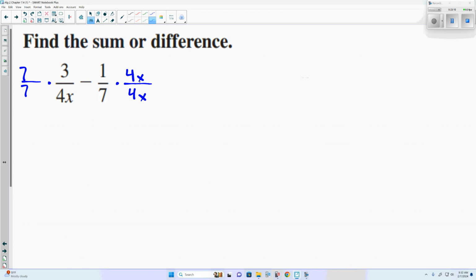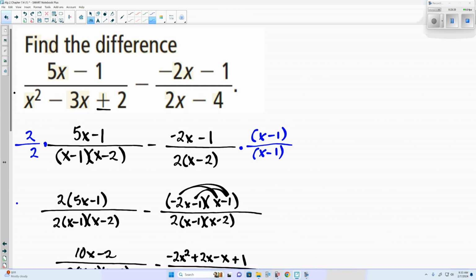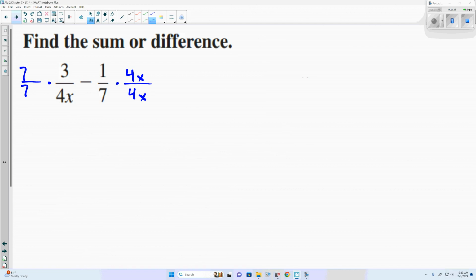7 and 4x, do they have anything in common? If we were to take a greatest common factor out, do they have one? No. And that's really kind of the heart of some of these. The previous one had a greatest common factor of x minus 2, so we're not multiplying by that pure denominator. Does that make sense? Because if we did, we'd add an extra factor of x minus 2 on top and bottom, and it's guaranteed to be removed.